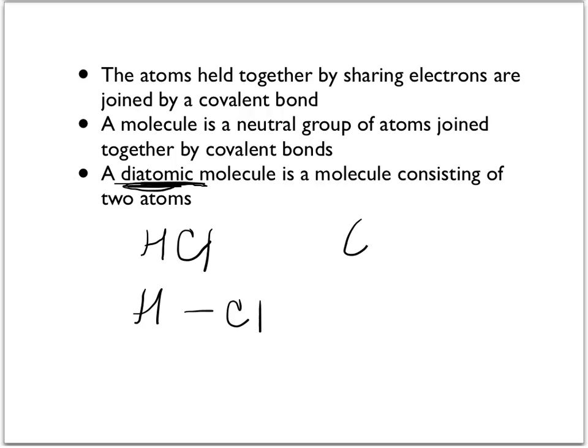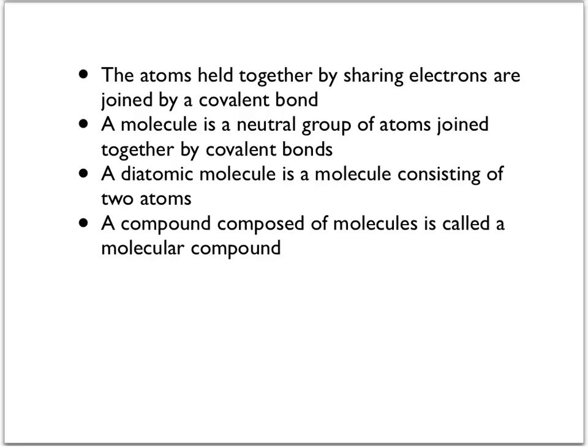But even things like oxygen doesn't exist alone. It exists with another oxygen atom, so it exists as O2, and that's a diatomic molecule. Two atoms sharing electrons. So if we have a compound that's made up of these molecules, we call that a molecular compound.